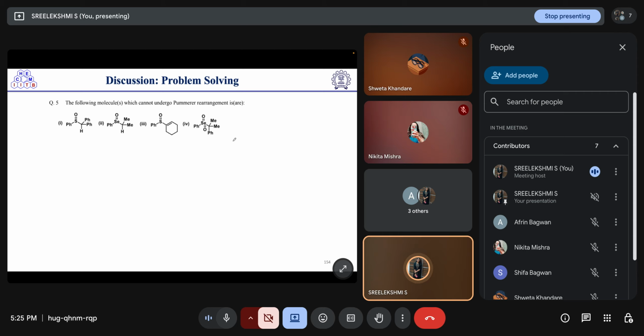This type of rearrangement is observed in sulfur compounds as well as selenium compounds.